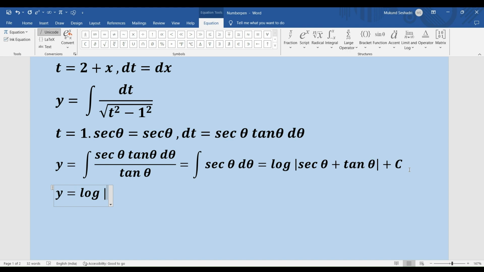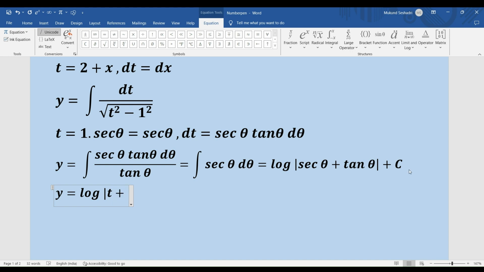So we did two substitutions out here. The first substitution that we made was t equals 2 plus x, and the second substitution that we made was t equals secant theta, right? So let's start off with the most recent substitution that we made, which is t equals secant theta. So my secant theta becomes equal to t.